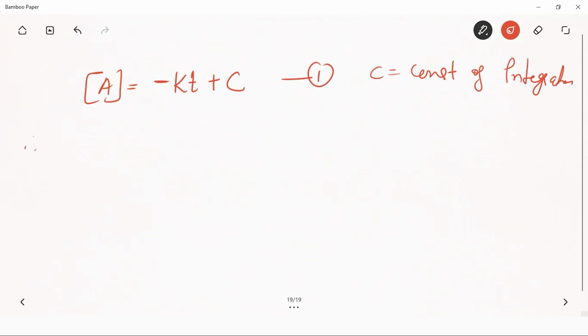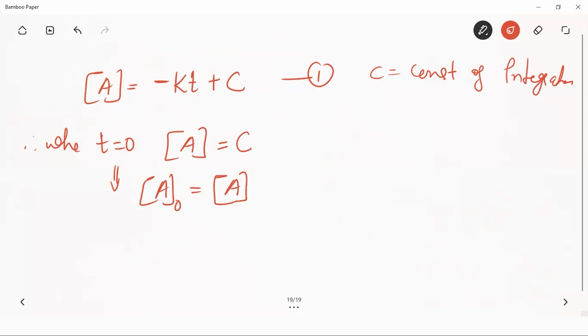And let us imagine when t is equal to 0. t equal to 0 means what? Concentration of A is equal to [A]0, the initial concentration. We can substitute this in the equation: [A] is equal to minus kt plus [A]0.